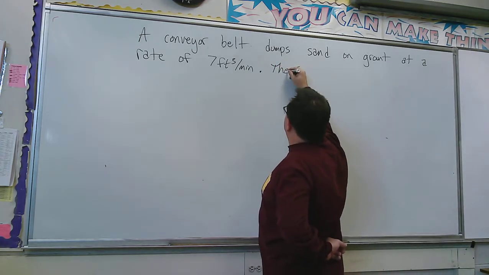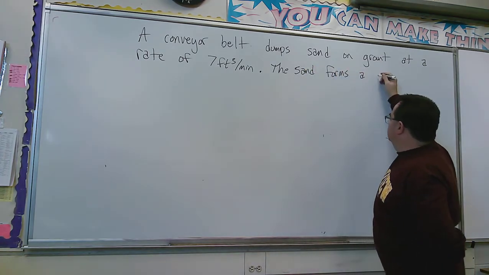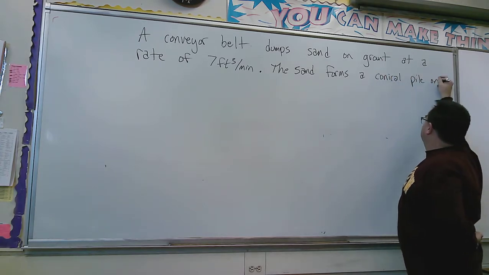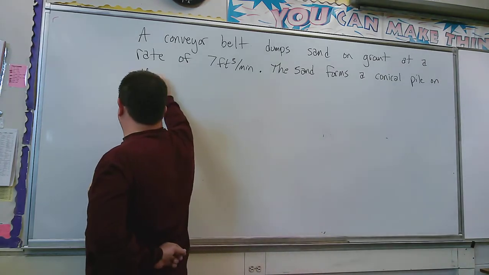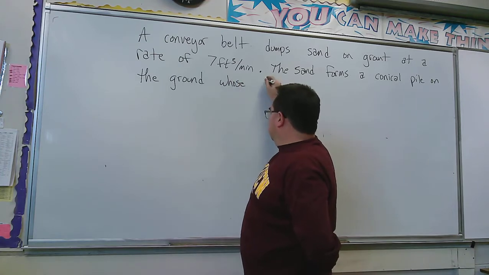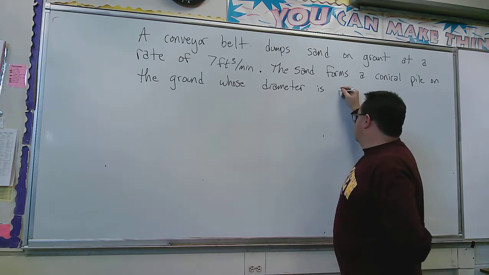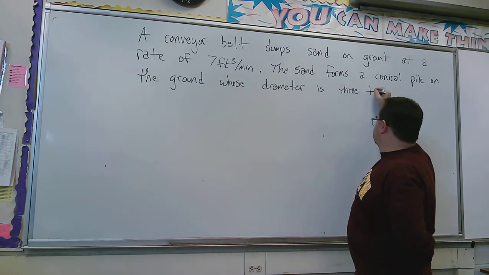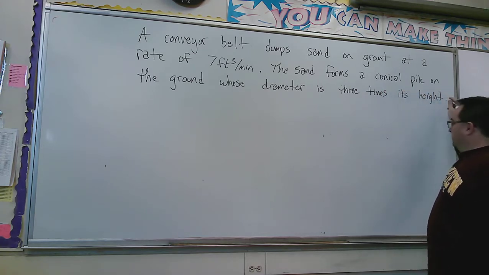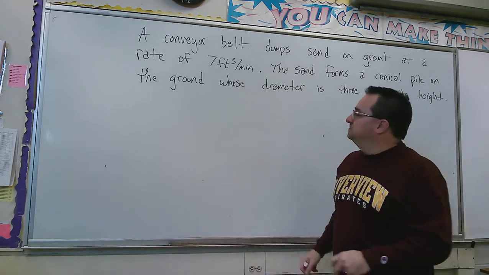The sand forms a cone-shaped or conical pile on the ground whose diameter is 3 times its height. So as it falls and forms the pile, it's going to be more spread out than it is high.